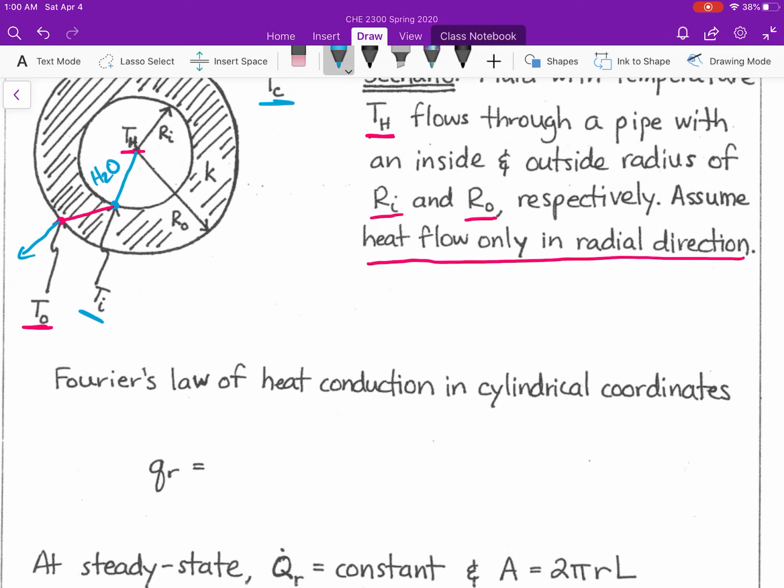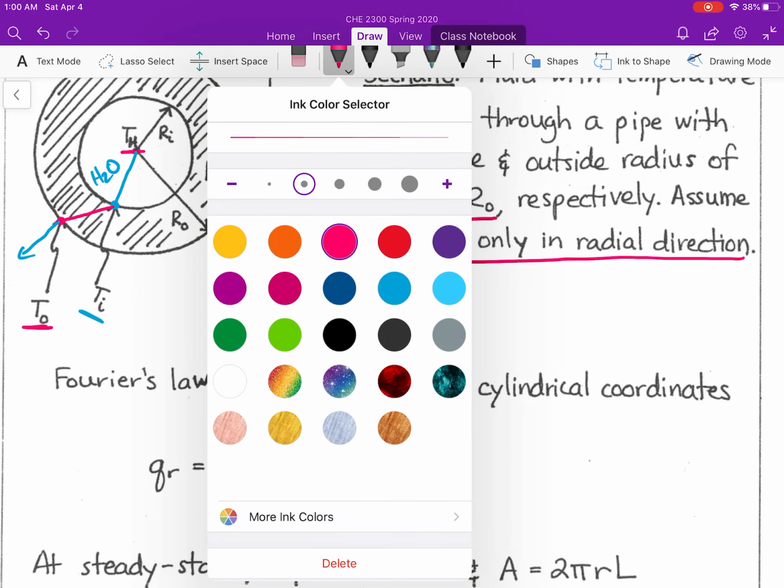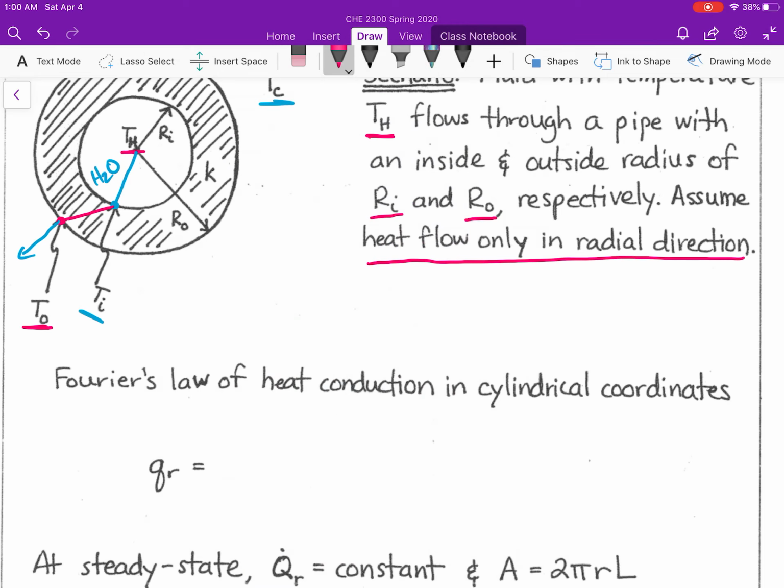Okay, so mathematically, how do we describe heat transfer in this particular scenario? The first thing we're going to do is describe heat conduction through the pipe wall. We can describe heat conduction using Fourier's law of heat conduction in cylindrical coordinates. So here is our heat flux in the radial direction.